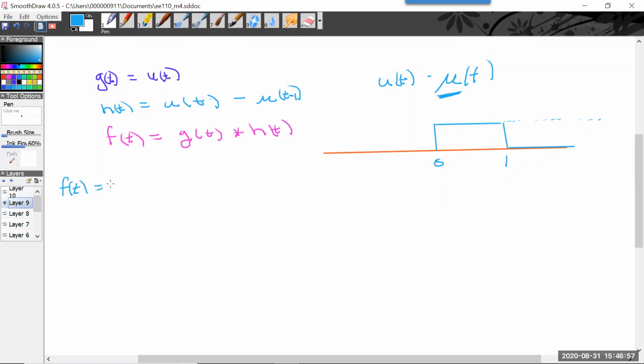Now, let's write this in the convolution integral, except I'm going to put h(t) first.